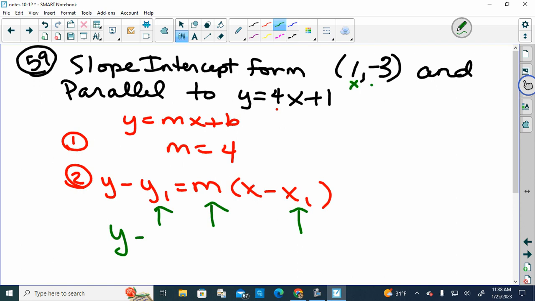Right? Here's your x, here's y. Okay, so it's -3. Slope, we just got it from the other equation because it's parallel, which is going to be 4. And what's our x? 1. Okay. Any questions on where those numbers came from?